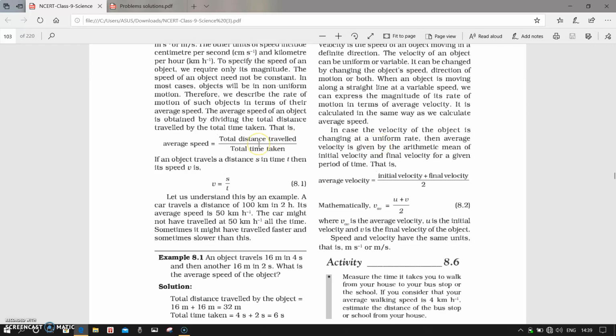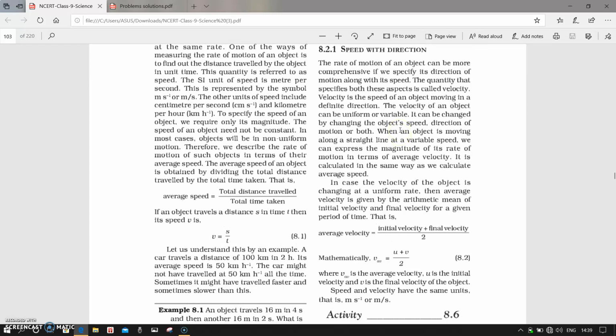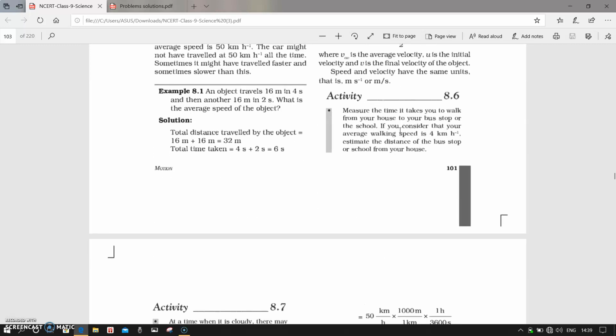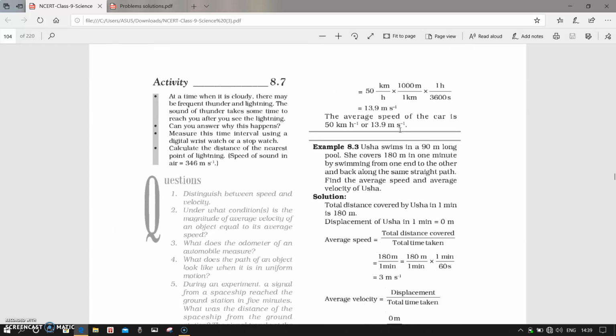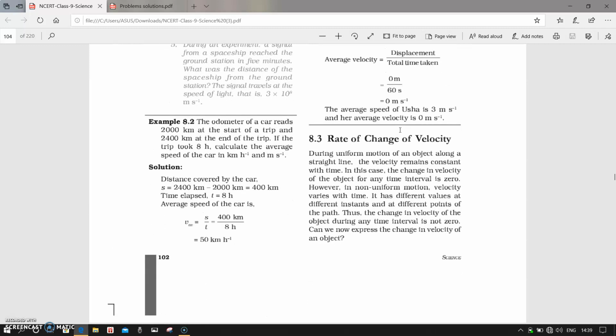So speed gives us the rate at which the body is covering a certain distance, and velocity gives the rate at which an object is changing position from one place to another in a particular direction. We have also discussed the rate of change of velocity. What is the rate of change of velocity? It is the acceleration.